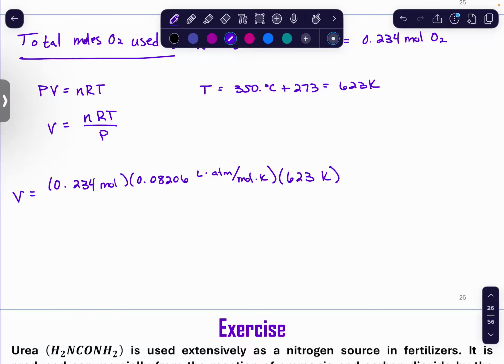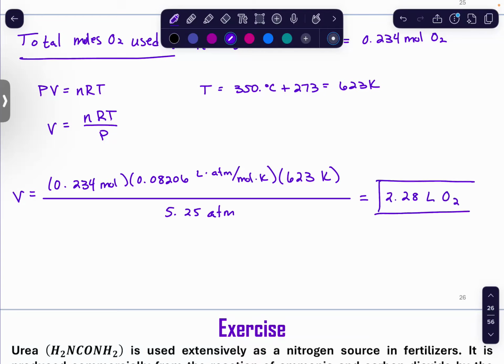And then our pressure, remember, is 5.25 atmospheres. Everything matches the units in the ideal gas constant, so we'll be good. Our volume is going to calculate to be 2.28 liters of O2 is needed or used in the entire process.